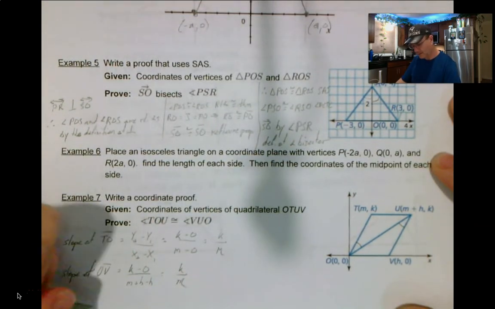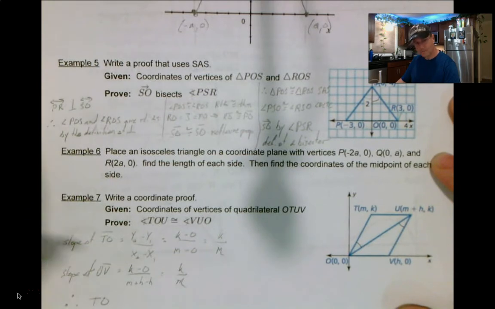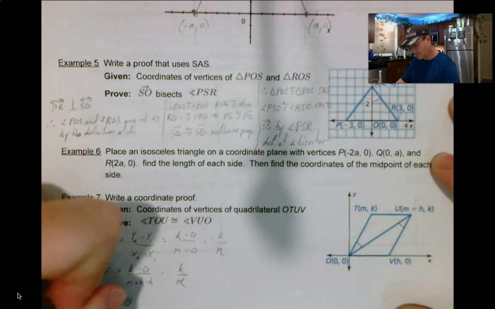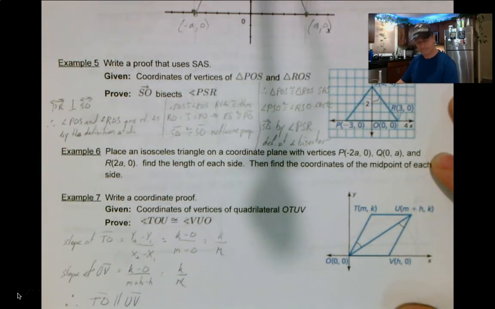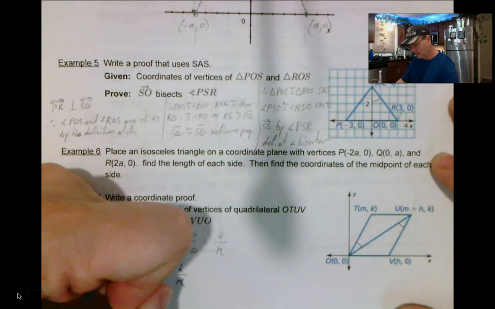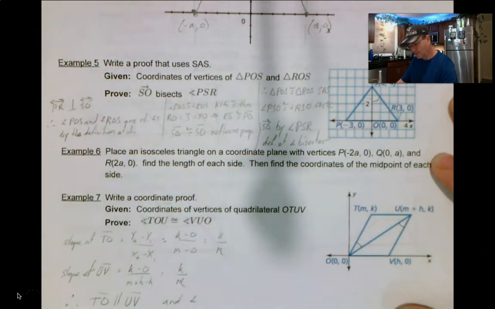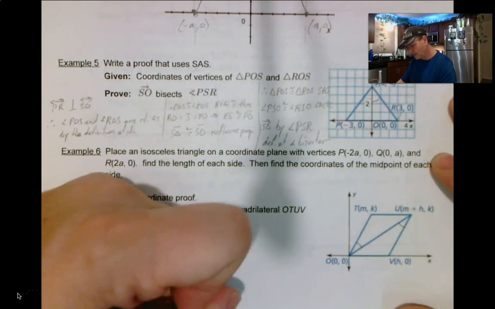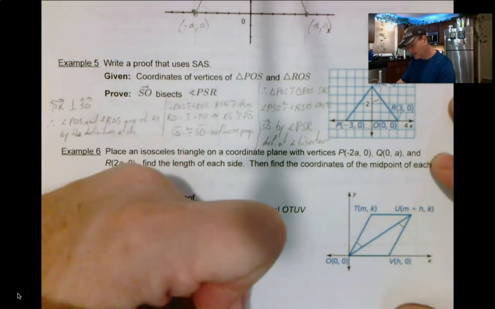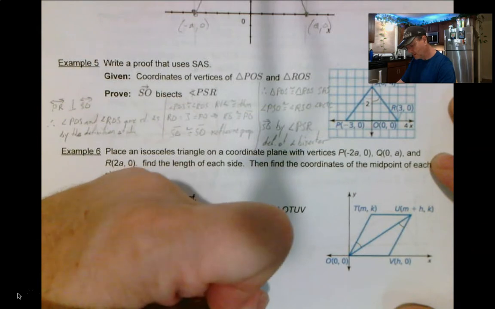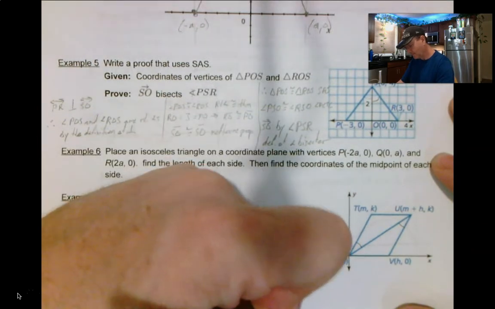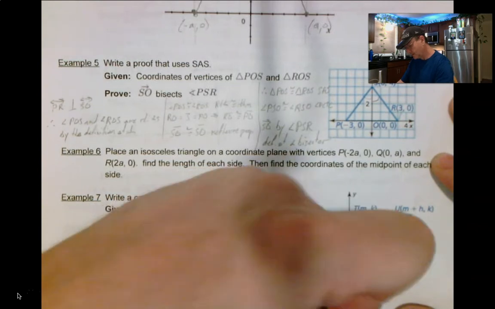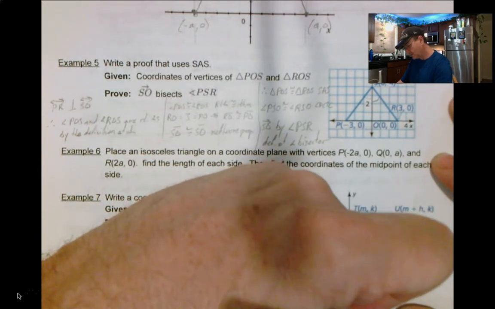Therefore, TO is parallel to UV. And angle TOU is congruent to angle VUO by alt int angles theorem.